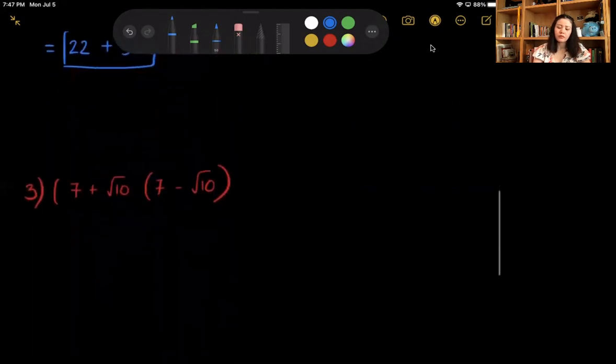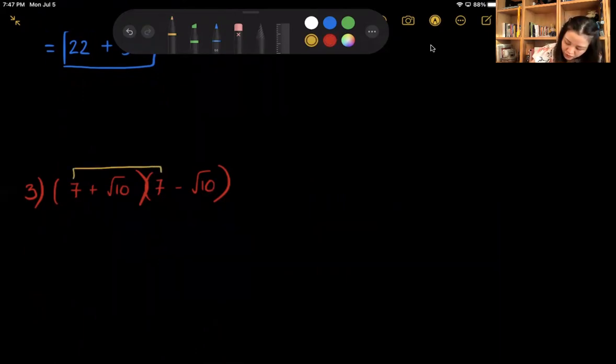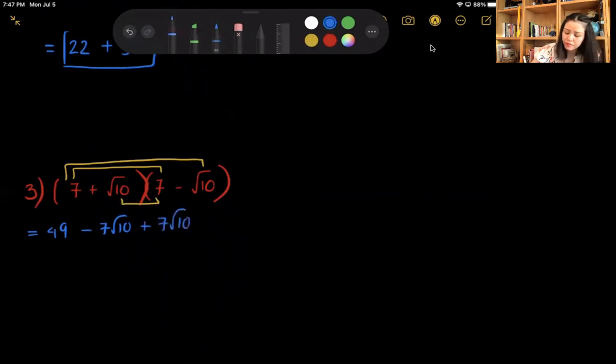Problem 3, oops, I've missed a parenthesis here. Same thing, right? We're going to FOIL it. When we have 2 binomials, we FOIL them. First, 7 times 7 is 49. 7 times negative root 10 is negative 7 root 10. And then root 10 times 7 is positive 7 root 10.